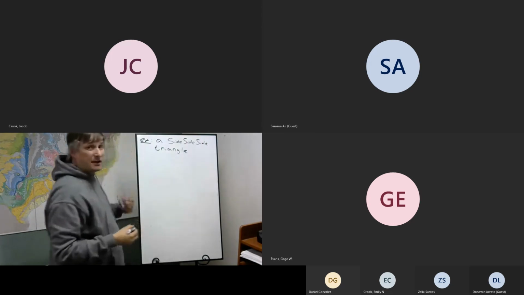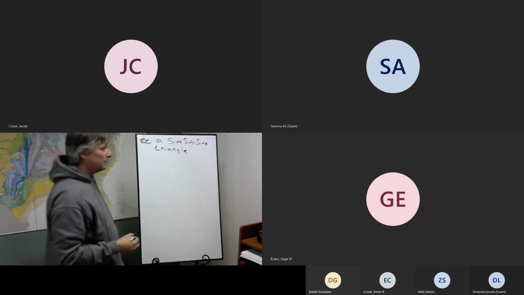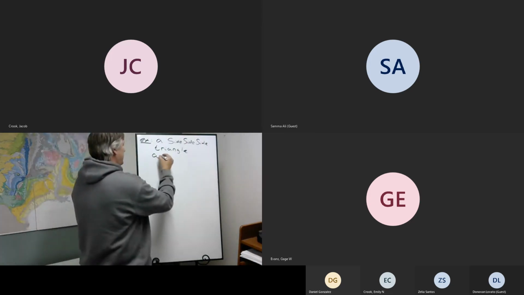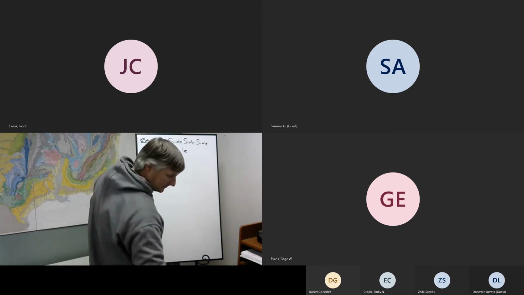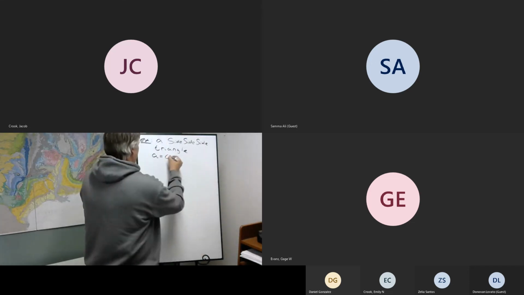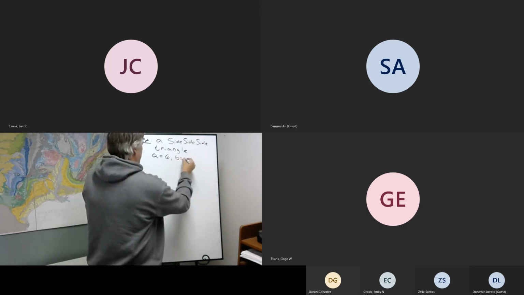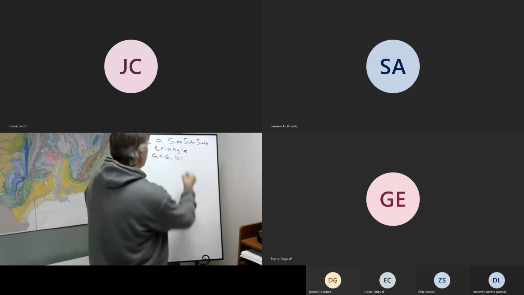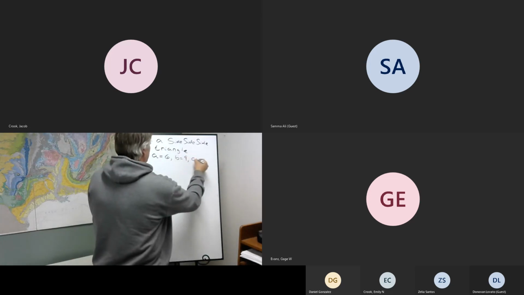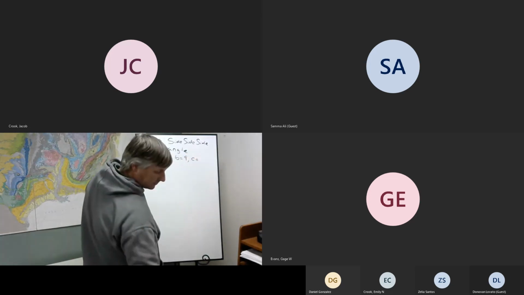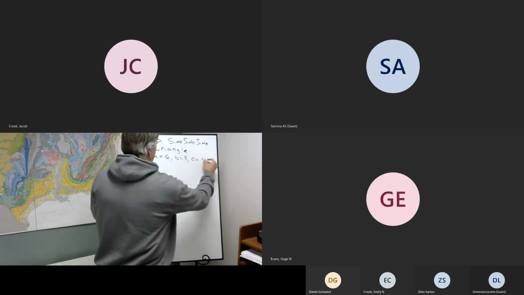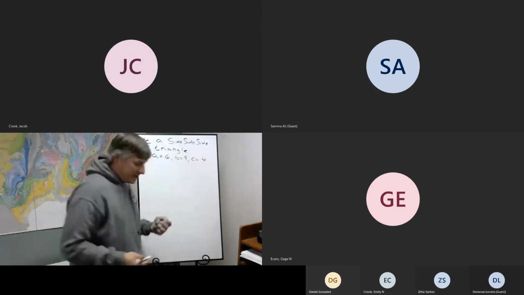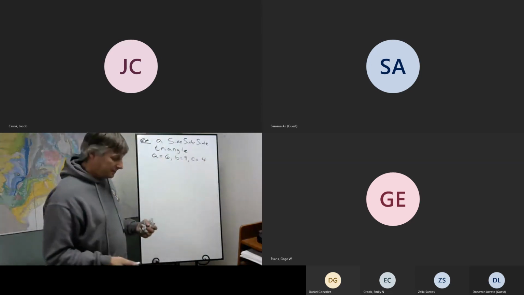We have a side side side triangle. Now, we're told that A, let's see, they gave us A is 6, B is 9, C is 4. And they also say round the angle measures to the nearest degree. Oh, so be it.